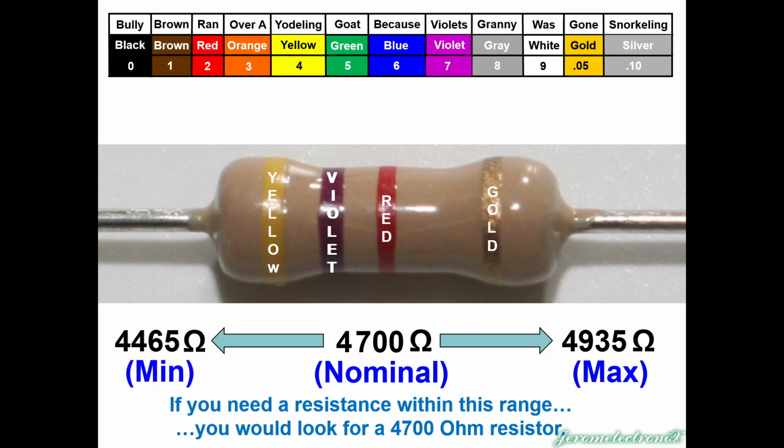Well, when you're building a circuit, you use Ohm's law with the voltage and the amperage or the current to figure out what resistances you need in different wires, also called nets, also called conductors.